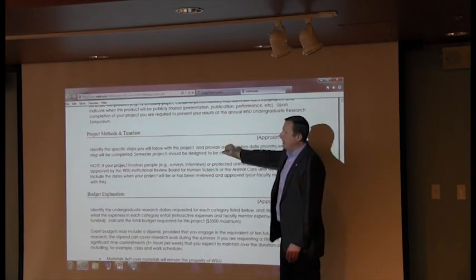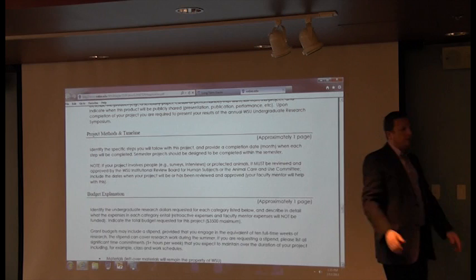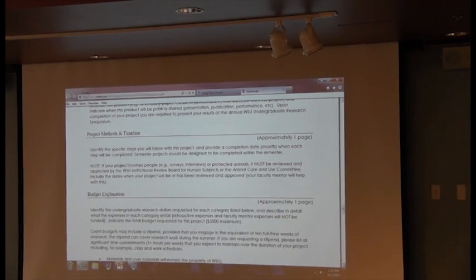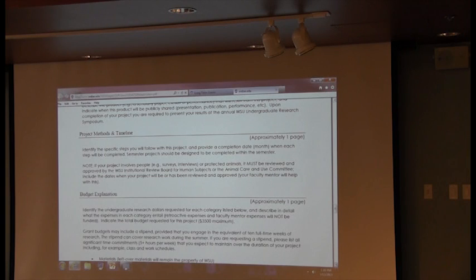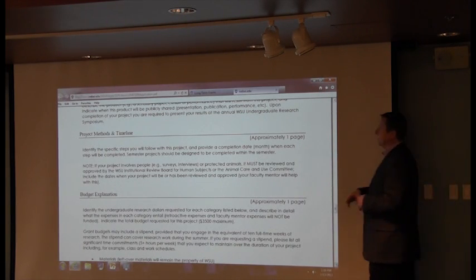And the timeline that we ask for is just a very general one, so we don't hold you to those, but say if you're going to do a project over the summer, we want to know, say, by May, that you have sent all your surveys out, okay? By July, you expect all of them to be returned, and by August, you're going to have the analysis complete, okay? So just very general, broad guidelines to help the committee understand that process.